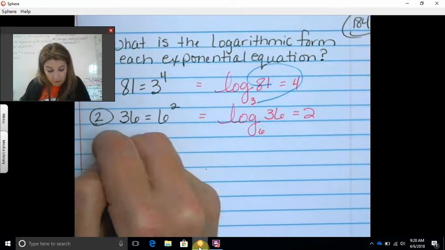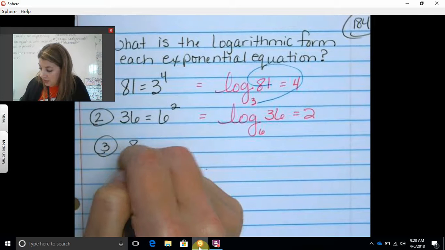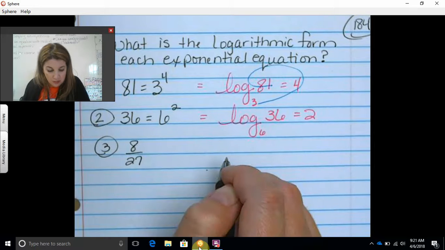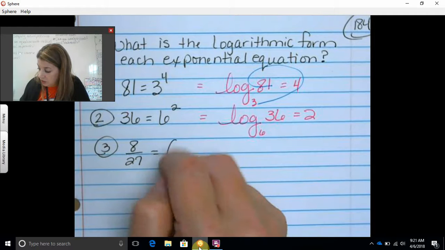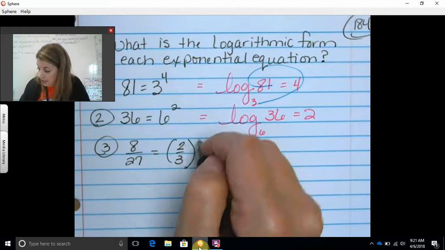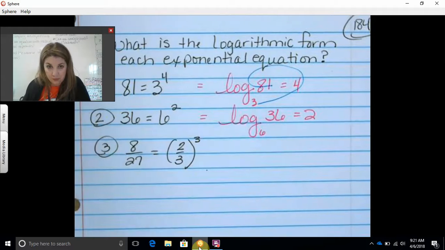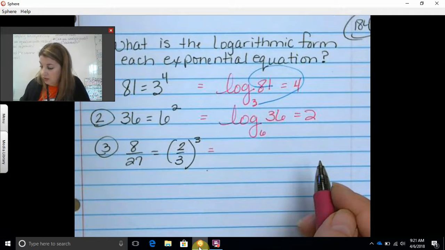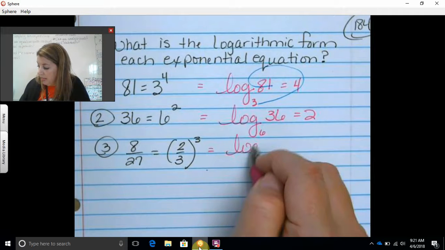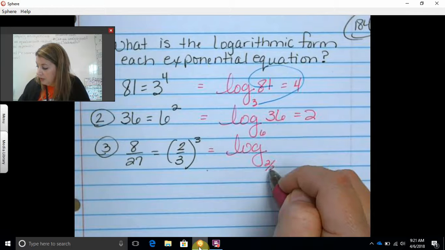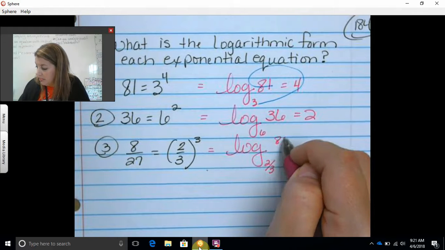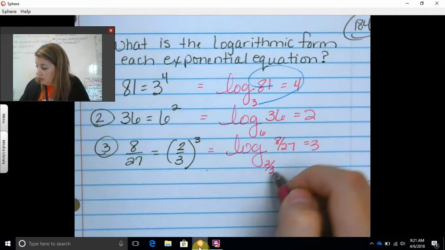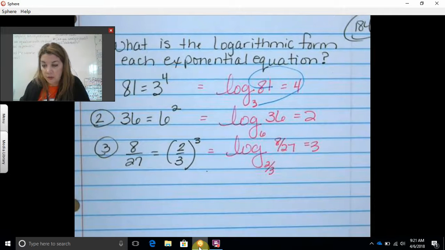Example 3. 8/27. Now that's a fraction, but there's no exponent there. I mean, obviously there's a 1, but that's it. Equals 2/3 raised, quantity raised to the 3rd power. So it can be a fraction. So that would be log base 2/3 of 8/27 equals 3. 2/3 raised to the 3rd power equals 8/27.